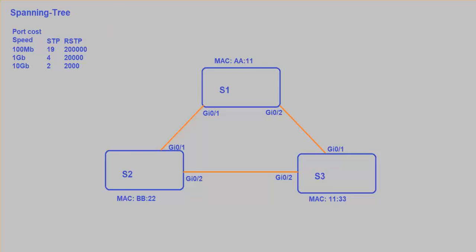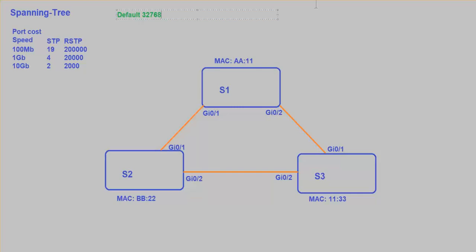Now, the first thing spanning tree will try to do is elect who's supposed to be your root bridge, right? By default, they are going to compare the priority. By default, the switch has a priority of 32768. If I don't change them, everyone will have an equal priority, so I cannot use this value to decide who's supposed to be my root bridge.